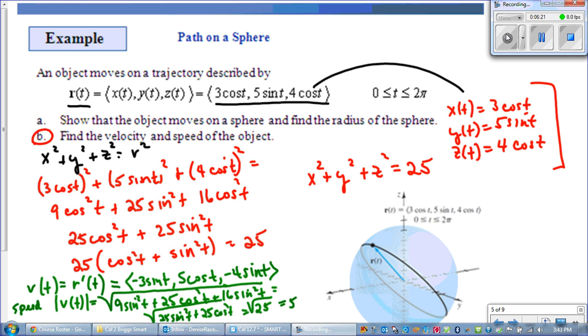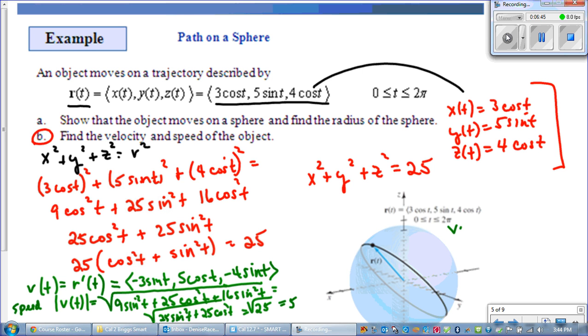Now, another thing, verifying that last theorem that we did: when the magnitude of the position function is constant, which in this case it is, constantly 5, then we should have that the velocity and the position function are always orthogonal. So let's check that.